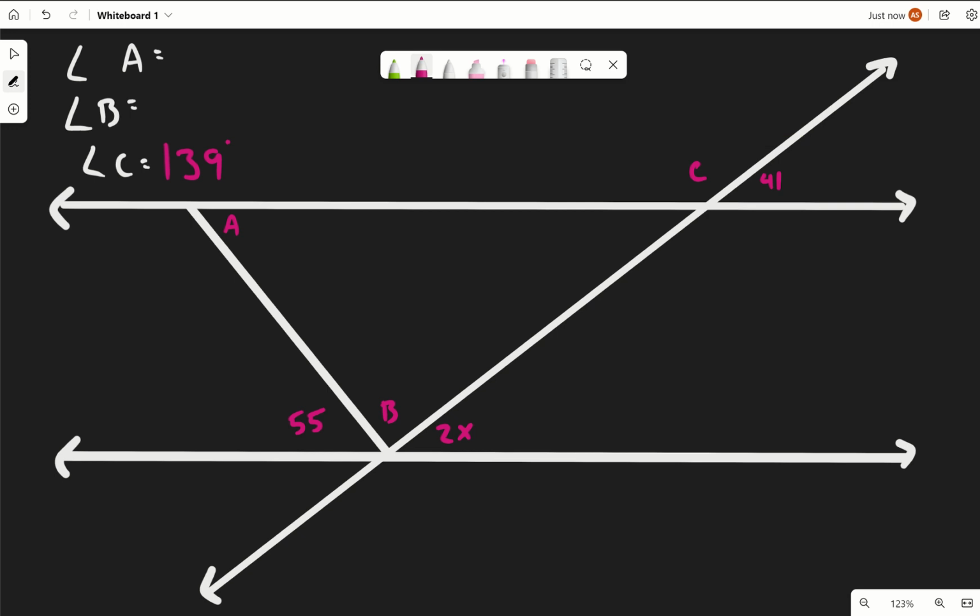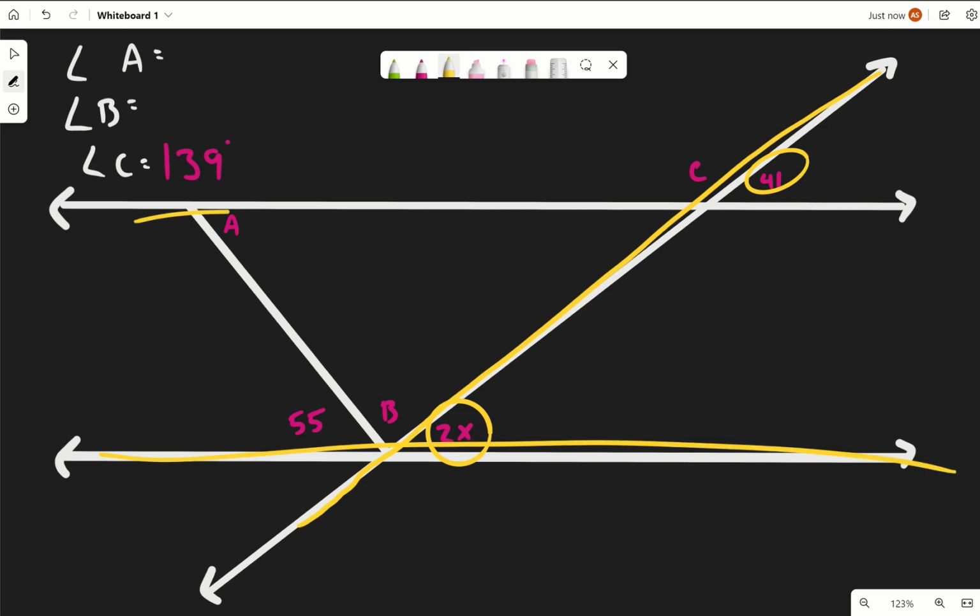We know that. Now, if we know that this angle is 41, and this angle is on our transversal, and they are corresponding angles, how many degrees is 2x?